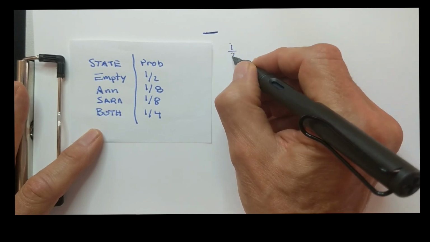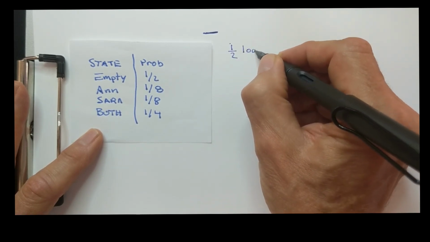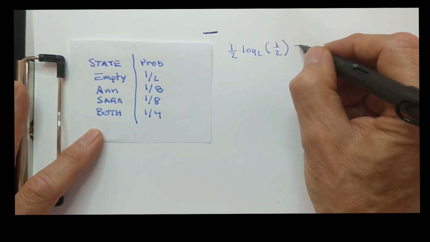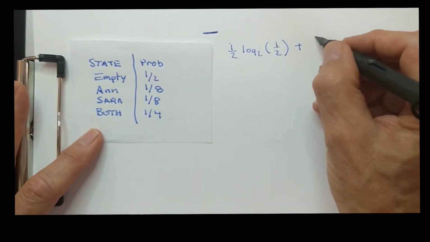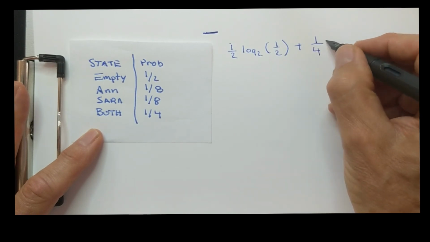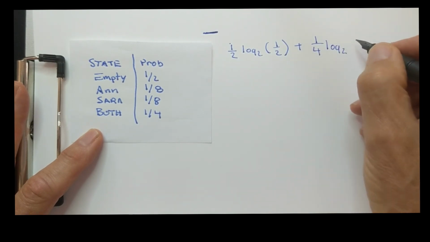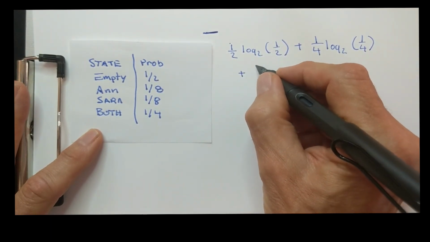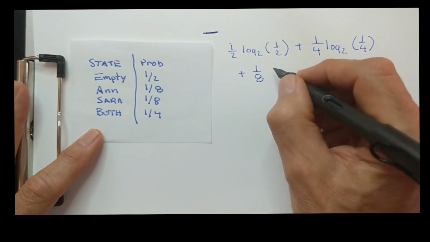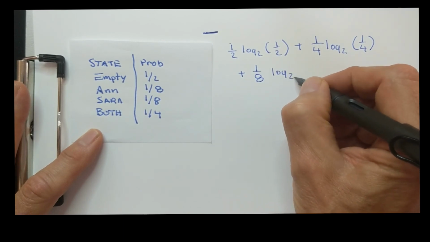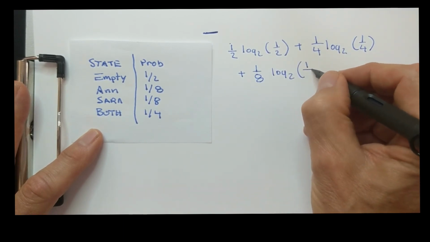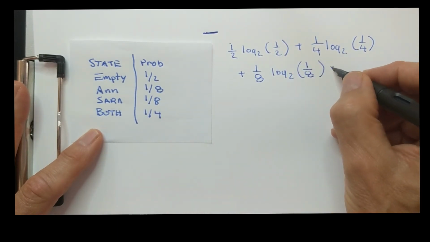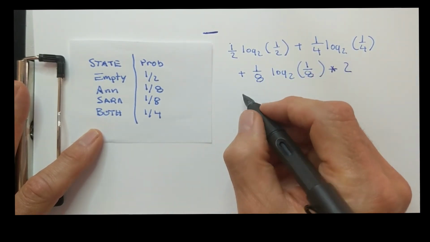So we have 1/2 times log 2 of 1/2, plus, let's do the 1/4, and we have 2 of those 1/8, so I'll just multiply this by 2.